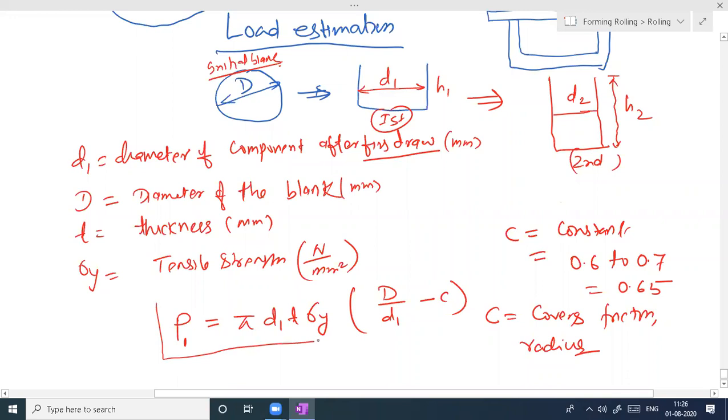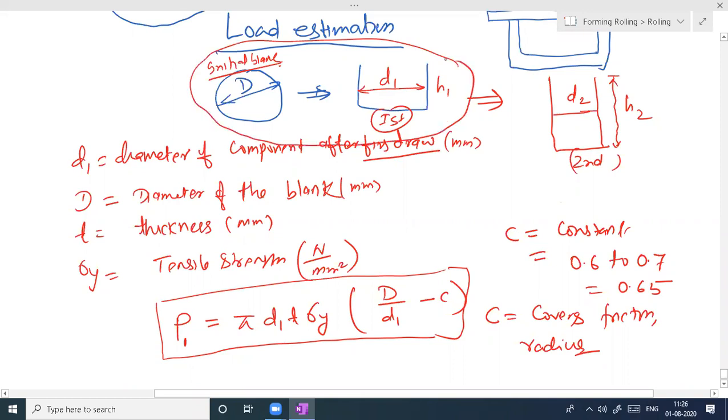So load you will estimate in first draw, I mean we are talking about this, is equal to pi d1 t, basically that is area, sigma y, that is tensile strength, and D is the blank diameter, and d1 is the diameter after first draw, and C is a constant, that is between 0.6 to 0.7, that is a practical value, and it takes care of the friction and bending and the corner radius, etc.